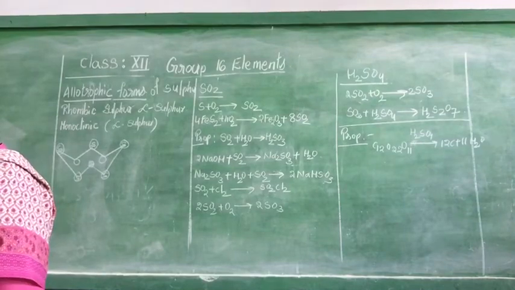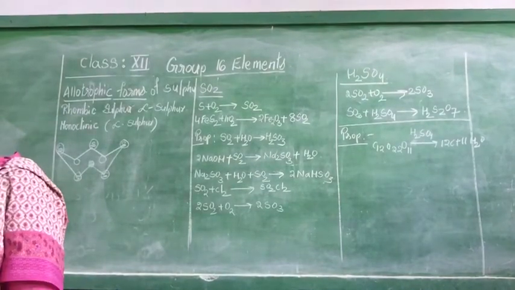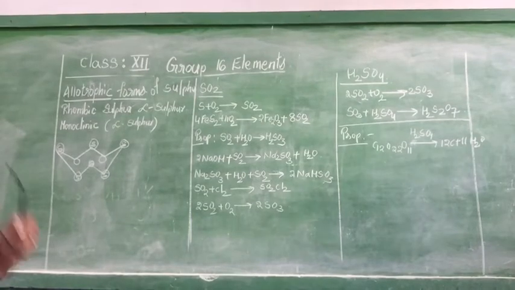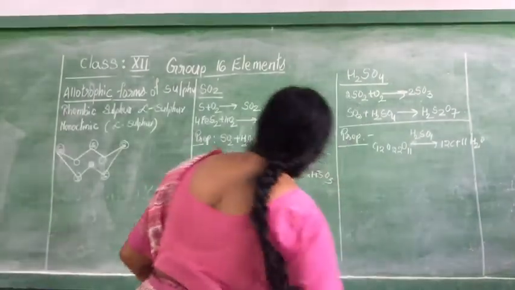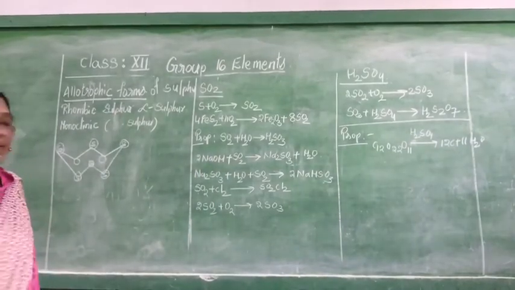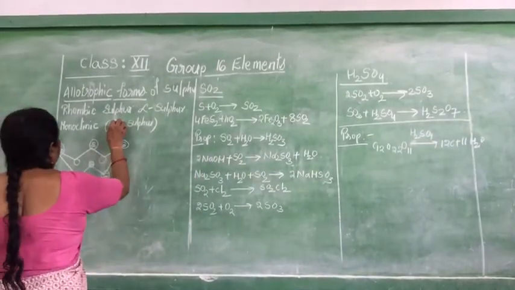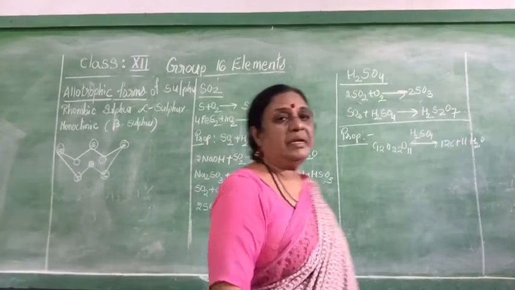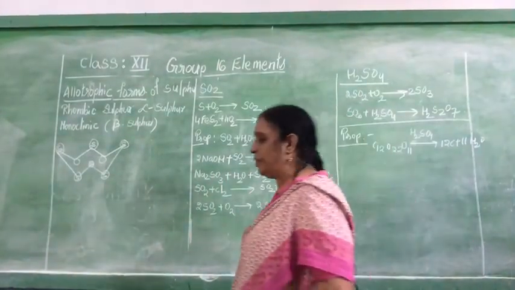Sulfur forms numerous allotropic forms, which are yellow rhombic sulfur, alpha, and monoclinic, known as beta sulfur. Okay, children, rhombic sulfur alpha and monoclinic sulfur beta sulfur.